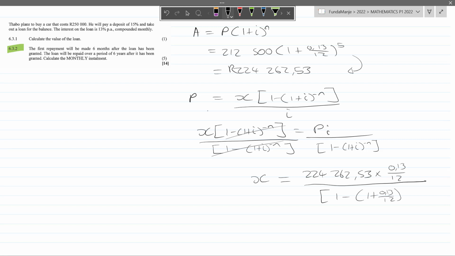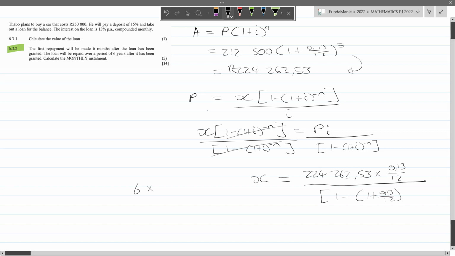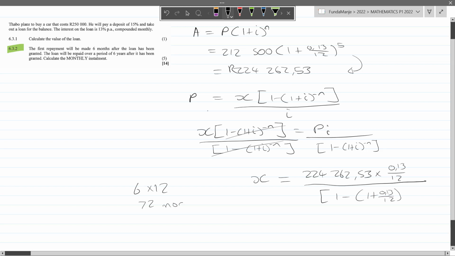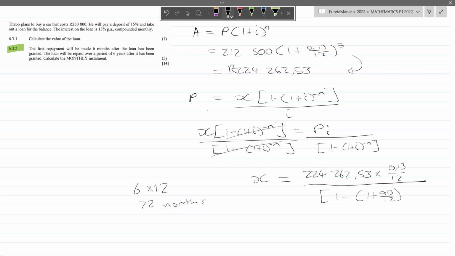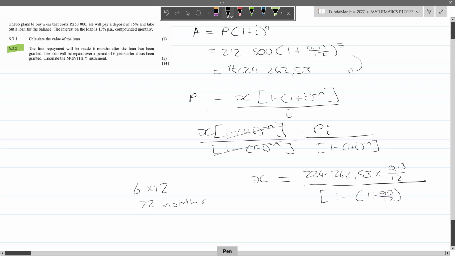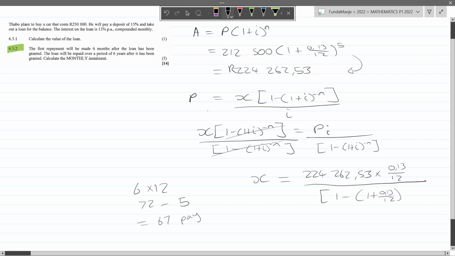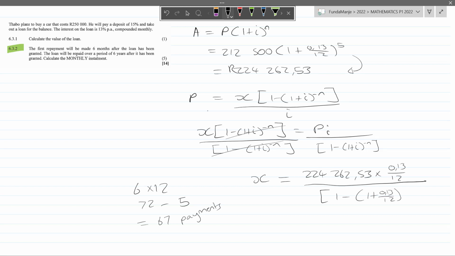Initially he had 6 times 12, which is 72 months to pay it back, or the payments that he could make. But now he lost 5 of those months because he didn't start making the payments a month after. He started 6 months after, which means now he has 67 payments that he needs to make. He needs to settle the loan basically in 67 payments instead of 72.